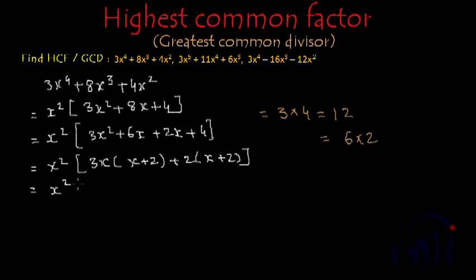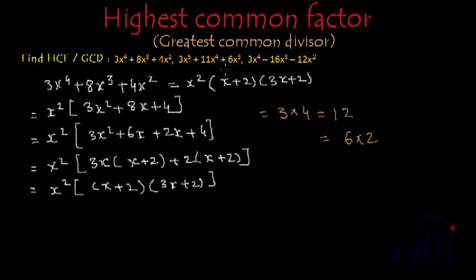So x square will be written as it is, and if we see these two terms properly, both of them have x plus 2 common, and then we will be left with 3x plus 2, right? So we have found the factors of 3x to the power 4 plus 8x cube plus 4x square, and they are x square, x plus 2 and 3x plus 2, right?